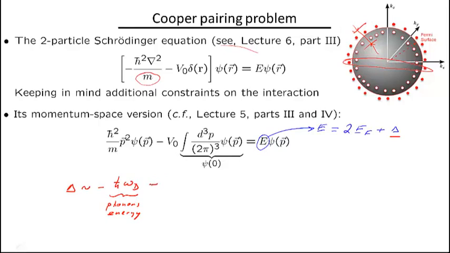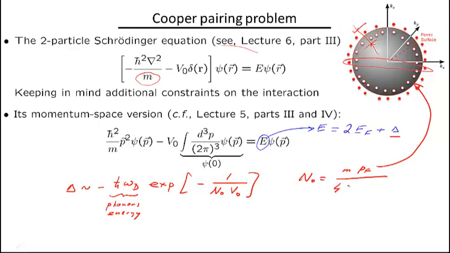But the key thing is that it is multiplied by an exponential of minus 1 over N naught times V naught, where N naught is equal to m p Fermi, this threshold momentum, divided by 4 pi squared h-bar cubed. This is just some constant.